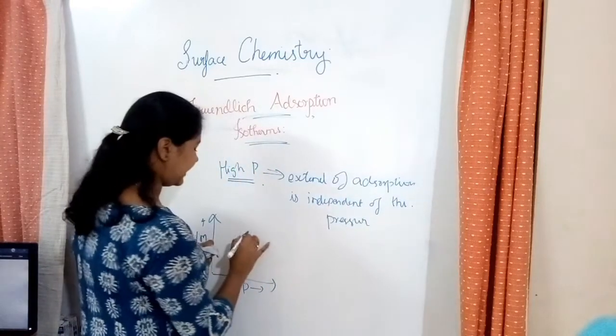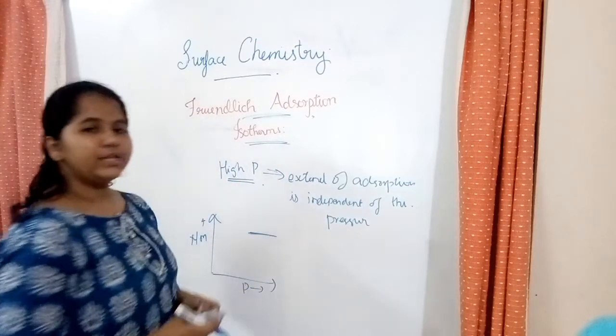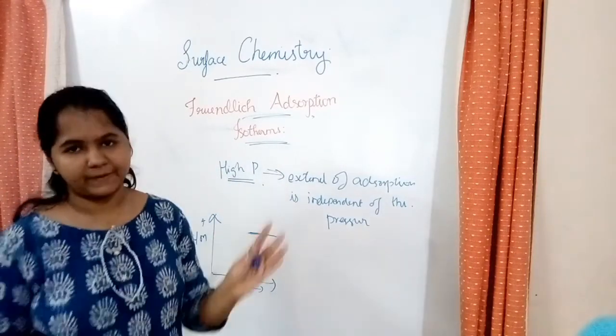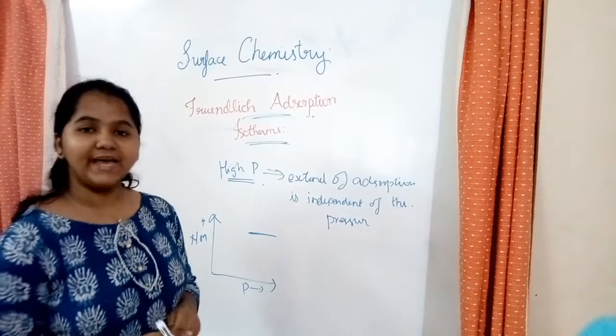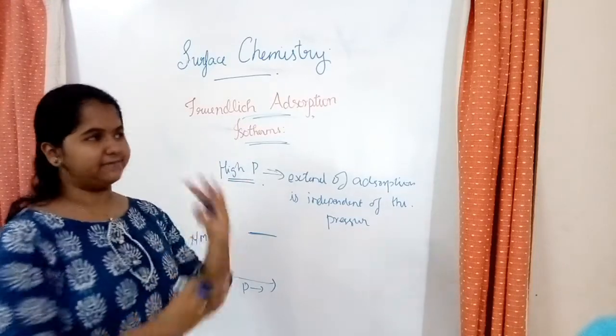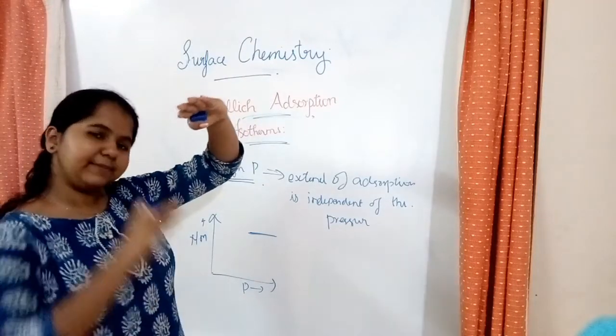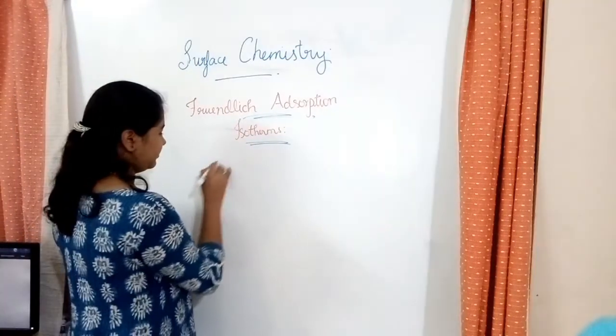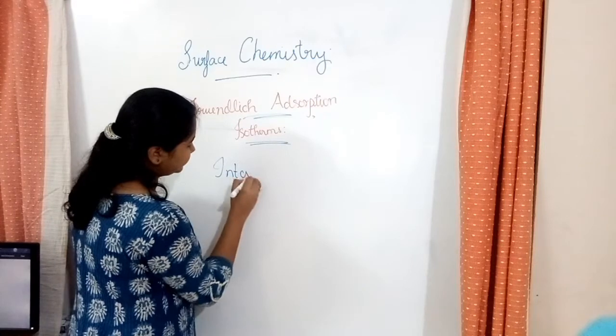So the graph is like this. Now we saw the change of the graph in high pressure and low pressure. Now there is something in the middle also. That is the intermediate pressure. So let's see that.